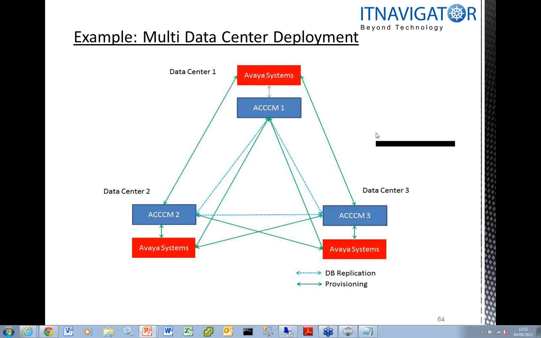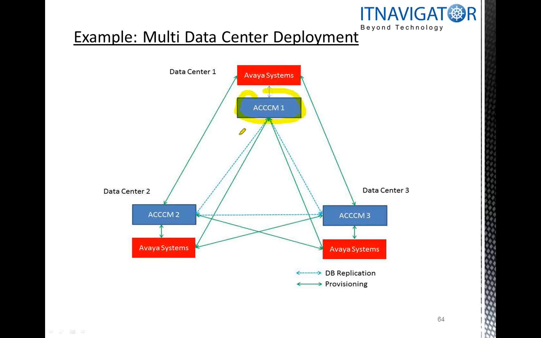Each one of the Control Manager systems is capable of performing administration of Avaya systems in each one of the data centers. So for example, the Control Manager number 1 system from data center number 1 can perform administration of the Avaya systems in both data center 2 and data center 3.